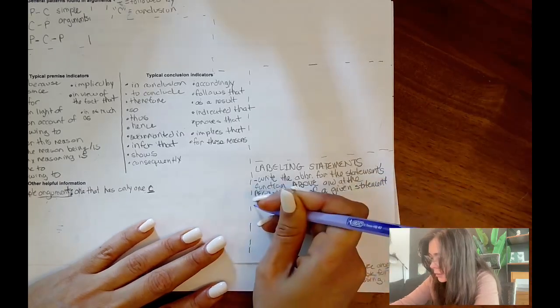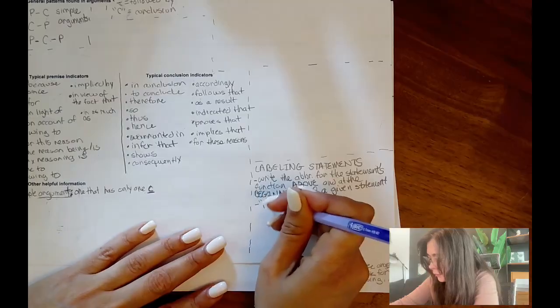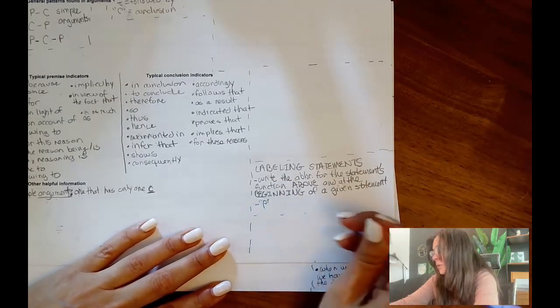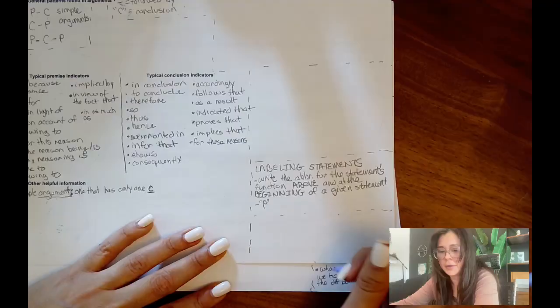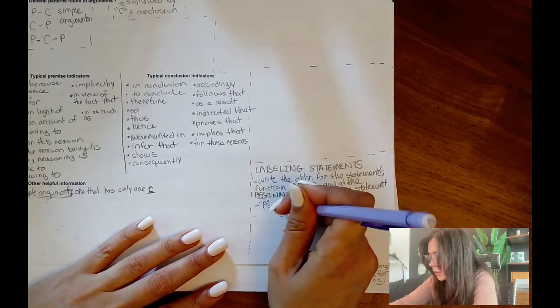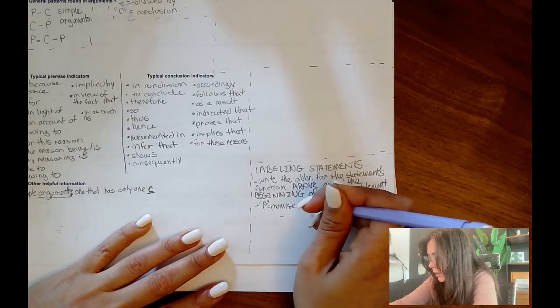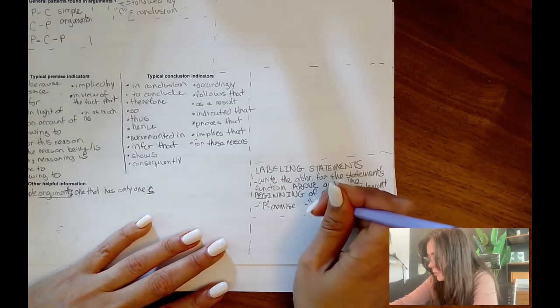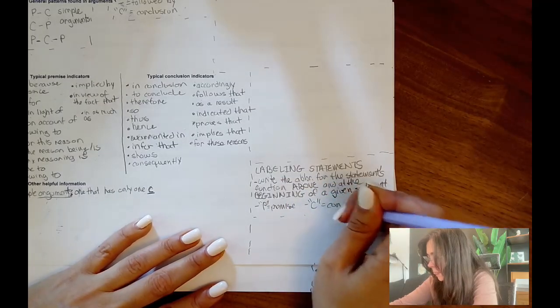Okay, so of course P, and leave room here. Leave at least half this room because we're going to need this for other labeling instructions later. So P, of course, means premise, and C, of course, means conclusion.